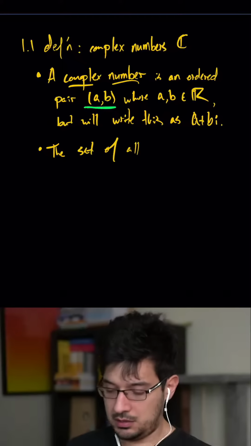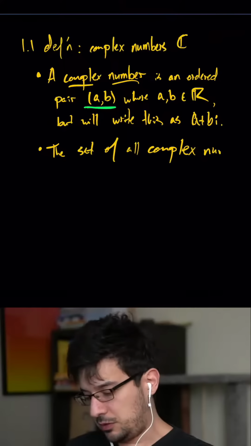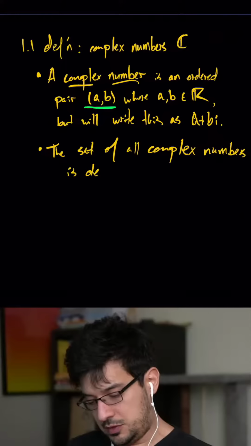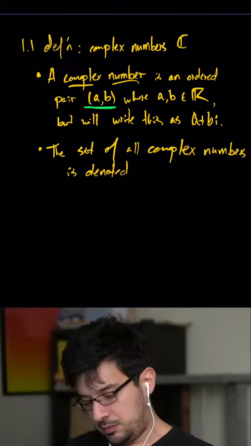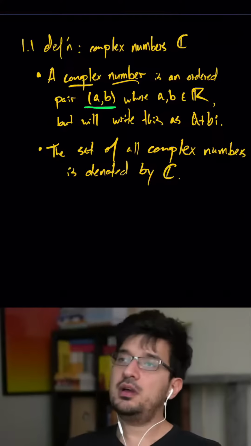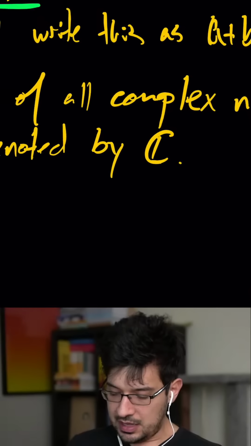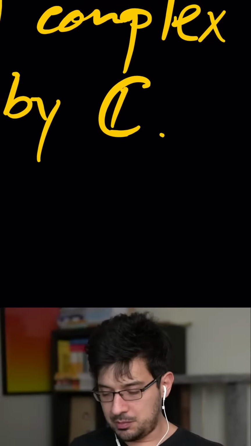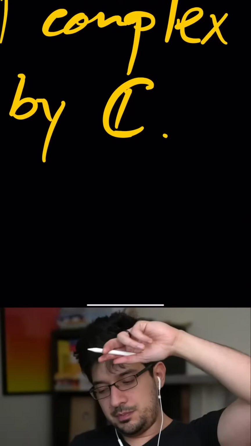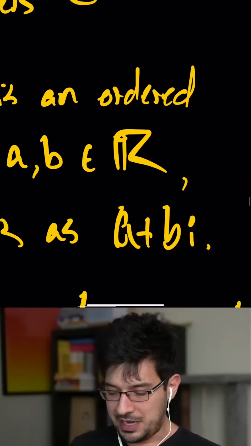The set of all complex numbers is denoted by C. In Axler's book, he uses a bold C, and then on a whiteboard or a chalkboard, you draw a little line on spots to make it look bold.